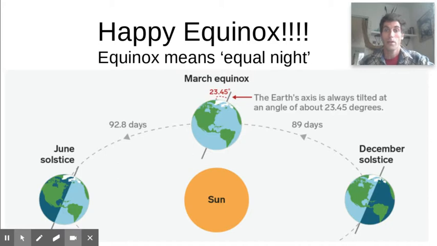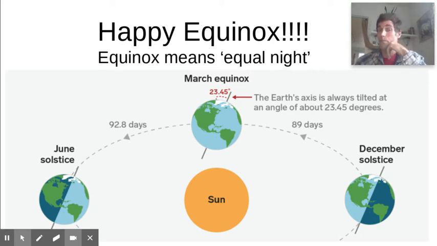On those 2 days, for everybody in the northern hemisphere, from the equator up to the North Pole, which is where we live, there are 12 hours of day and 12 hours of night. It's equal day and night.